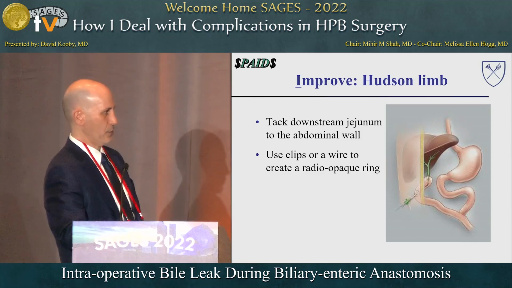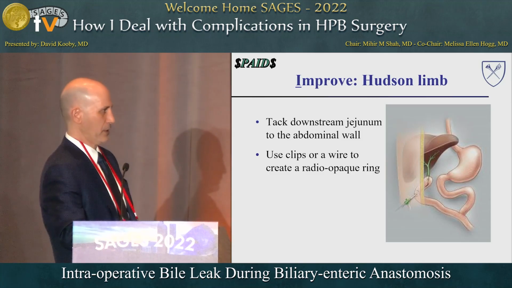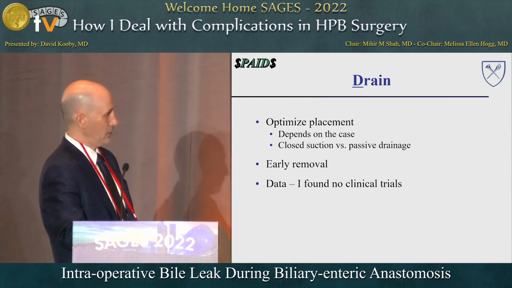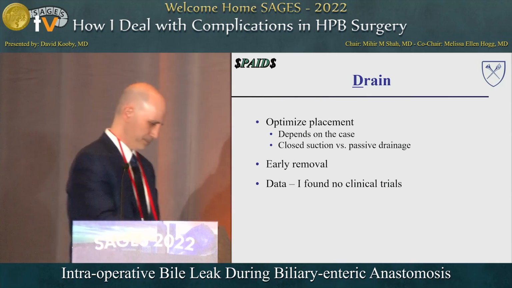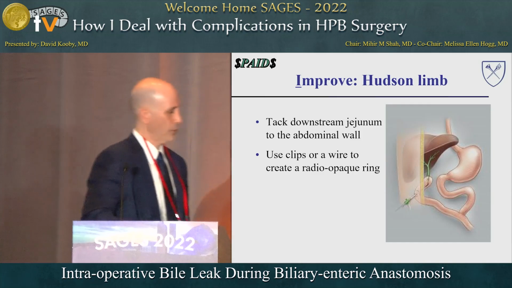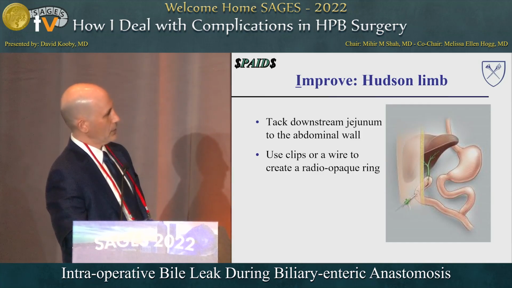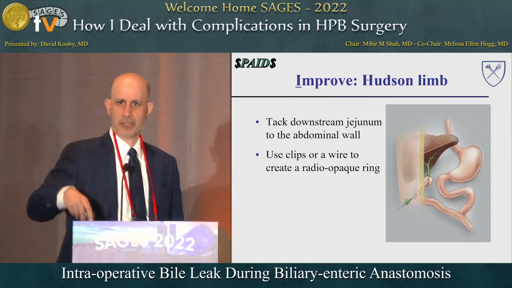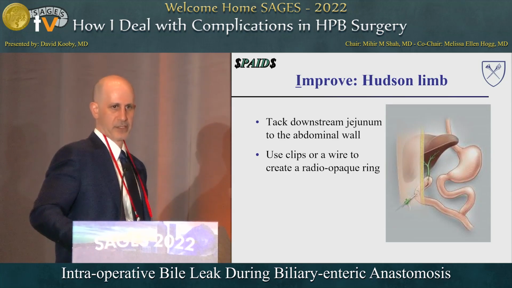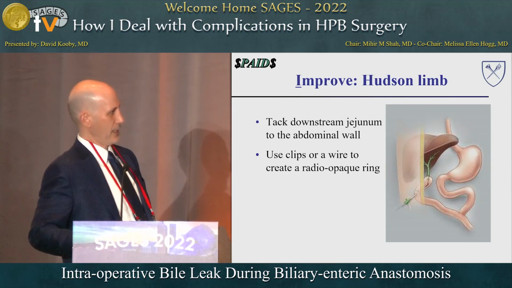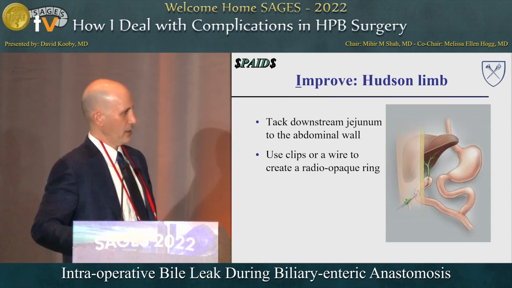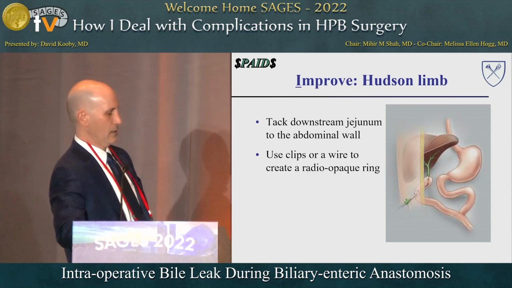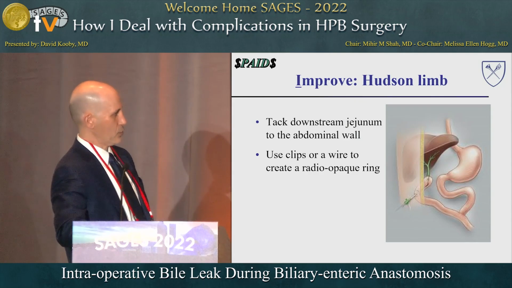And to make things easier for your radiology colleagues, typically you can use some clips or pacemaker wire, and you can put that right on the side, so that's radio-opaque, so that your radiologist can pierce that area percutaneously in order to get into the limb and not have to go through the liver in case you have a leak or a stricture afterwards.